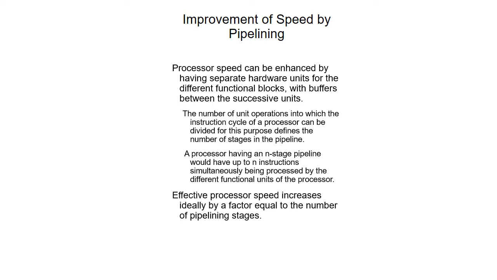The instruction cycle of the processor can be divided into unit operations, which defines the number of stages in the pipeline. A processor with an n-stage pipeline can have up to n instructions processed simultaneously by the different functional units. So the effective processor speed will ideally increase by a factor equal to the number of pipeline stages.